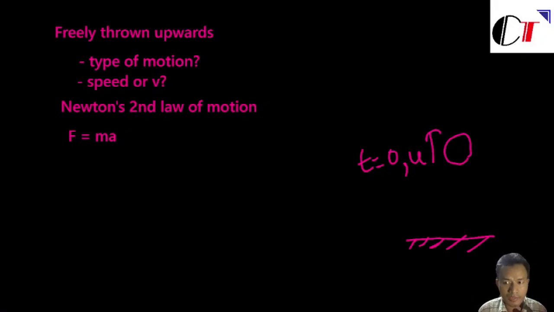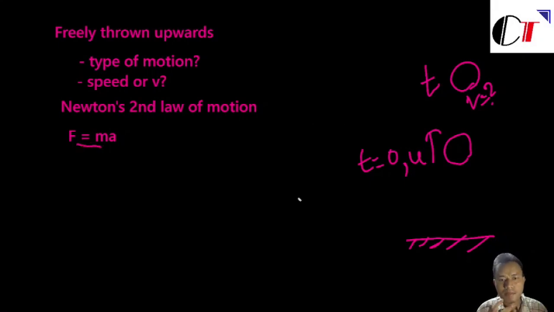Of course, this means the object will attain the initial velocity u or some kinetic energy so that it can go up against the pull of the gravity. And what we want to do is, at any time t, evaluate how much is the velocity at that time. But before we do that, let's go back to determining the type of motion.